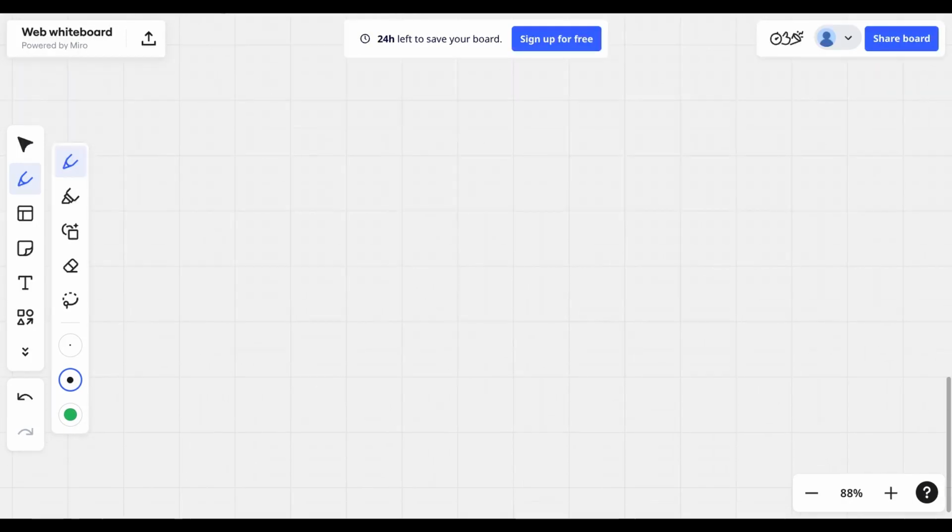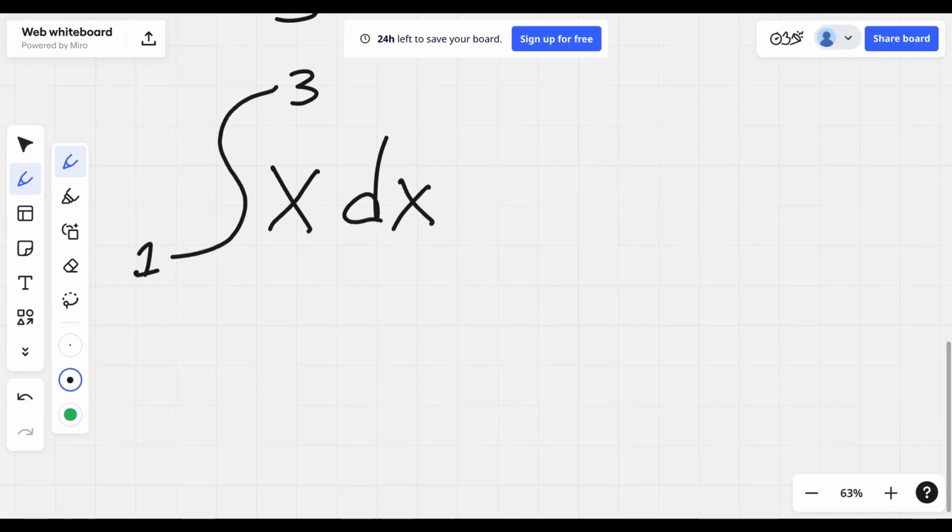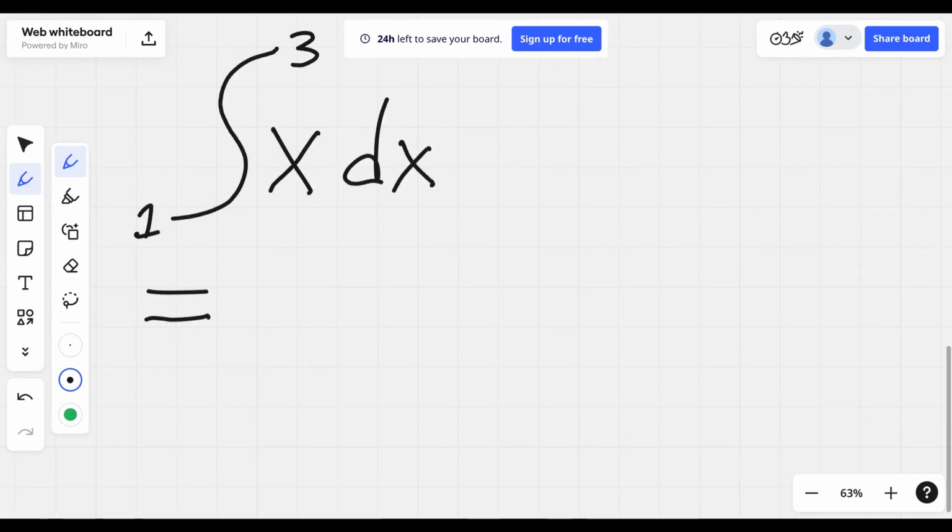Now we're going to do a second problem. And this one is going to be a definite integral. So it's going to be the integral of x dx from 1 to 3. And to solve this, we're going to do the same thing, reverse power rule, and find the antiderivative.